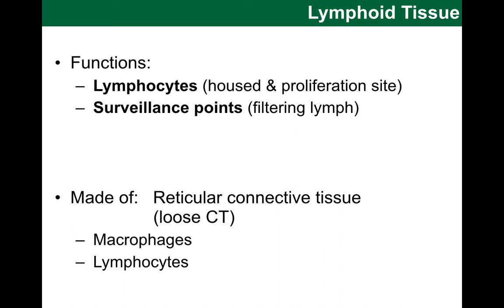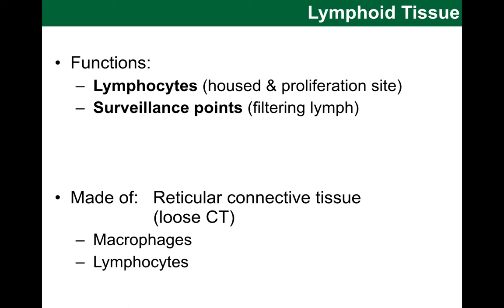And in case you were wondering about the tissue types, which we saw earlier on in our studies, and I will include a link at the end of this video if you have forgotten the main tissue types, lymphoid tissues are largely composed of reticular connective tissue. This is a type of loose connective tissue.